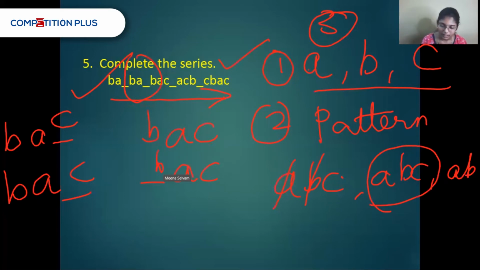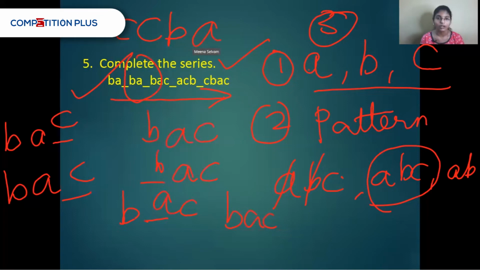Then consider the next set, B, blank, C. A is missing, fill with A. Then the last set of three letters, B, A, C, is already given. So now write down all the blanks alone. It is C, C, B, A. These four letters only should come in your blanks.